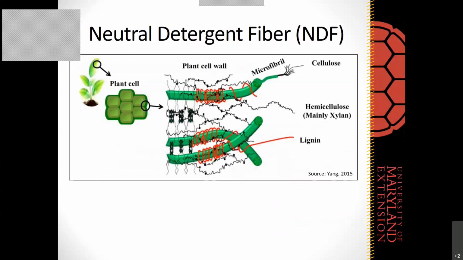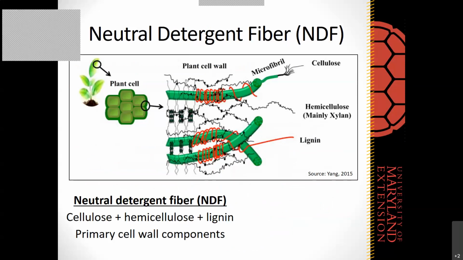So if we first focus on those structural ones, or what is in the plant cell wall, the first one that we're going to talk about is neutral detergent fiber, or NDF. And NDF is basically the cellulose plus hemicellulose plus lignin. So it's all of the fiber components combined together, or all of those primary cell wall components.